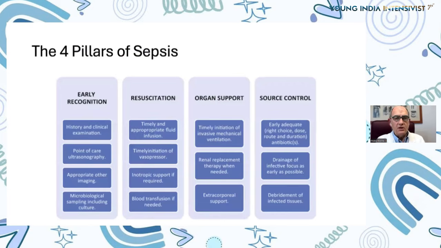And we know also that we have 4 pillars for sepsis where our interventions intercept the different derangement of the various organs and oblige us to identify early the source control in order to put under control the origin of sepsis, the real source.